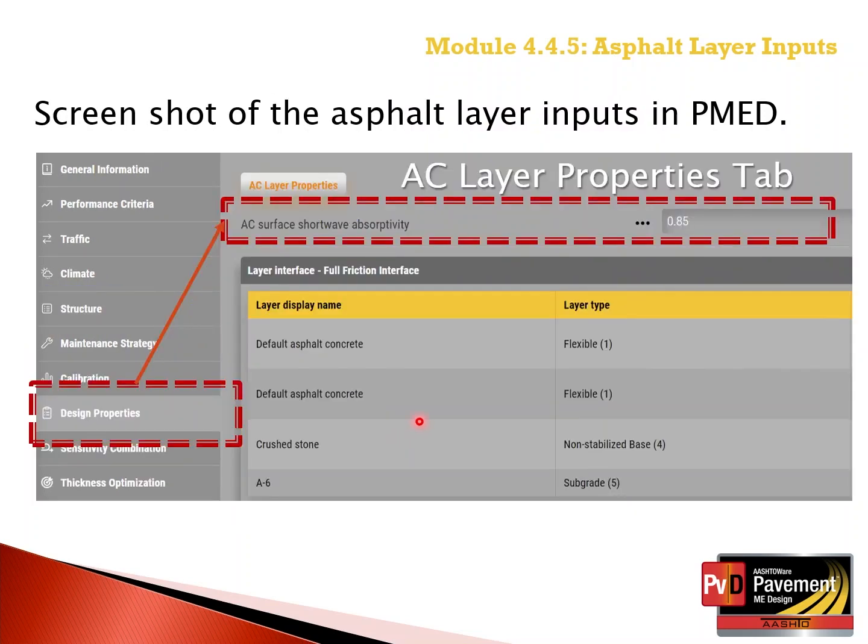The AC surface shortwave thermal absorptivity is included in the software for flexible pavements under the Design Properties folder and AC Layer Properties tab. The value for the AC surface shortwave absorptivity that was used in calibration should be used as the default value for pavement design.